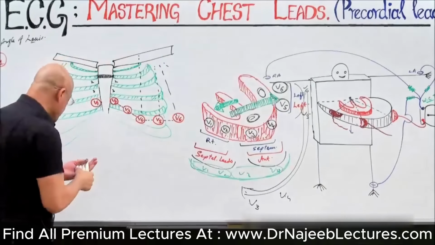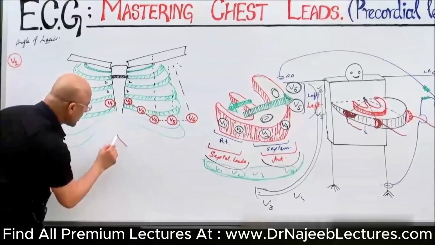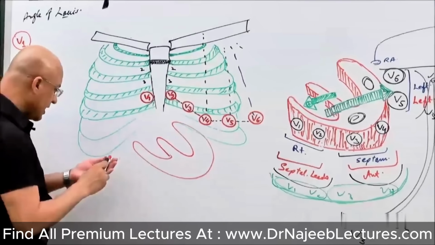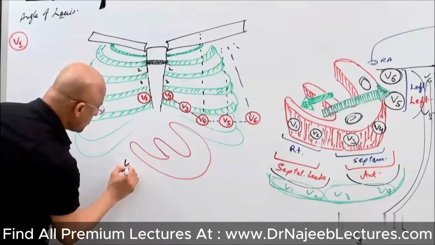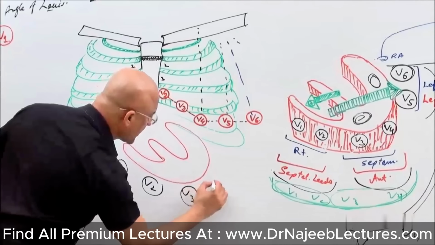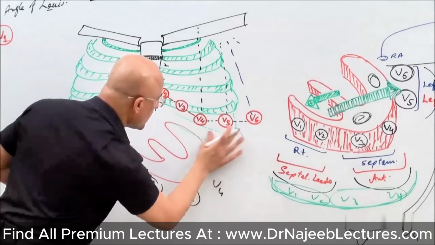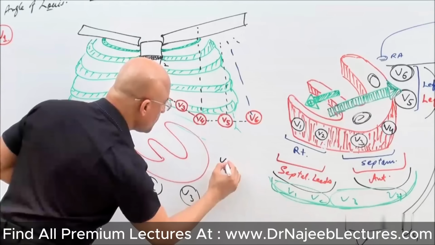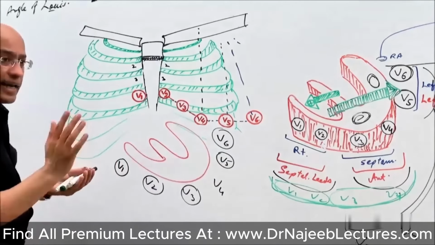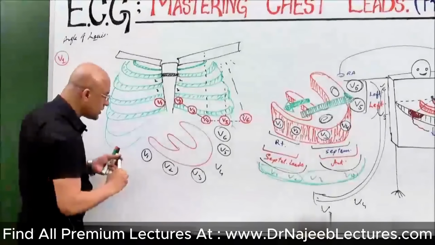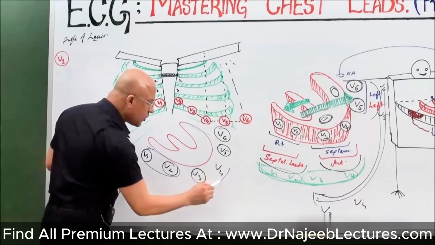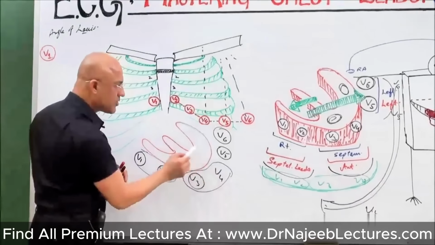Now, let me repeat it here. You will now tell me what I'm drawing. I will make it a simple diagram: V1, V2, V3, I'm repeating it, V4, here it is, V5 and V6. Clear? Now, first of all, anatomical orientation. V1 and V2 are oriented over the right side of the heart. V3 and V4 are oriented over the septum of the heart.